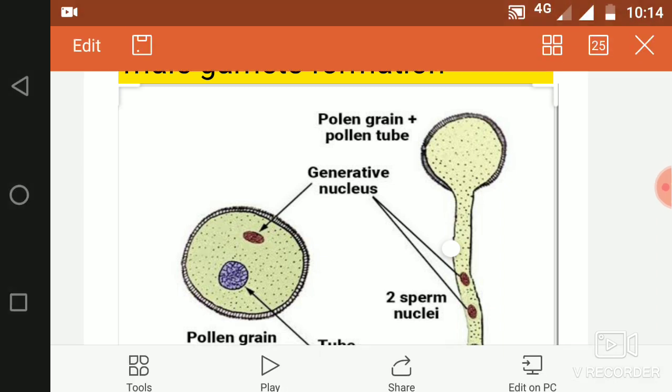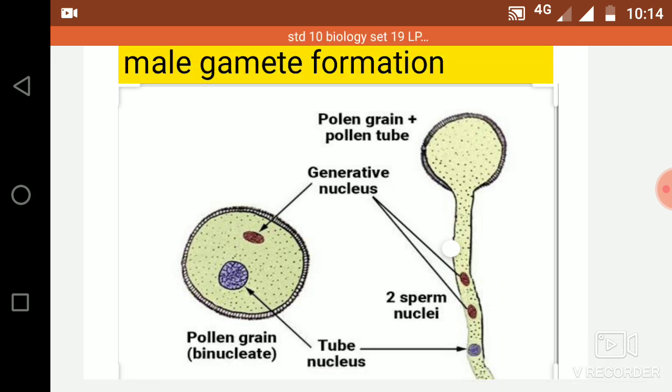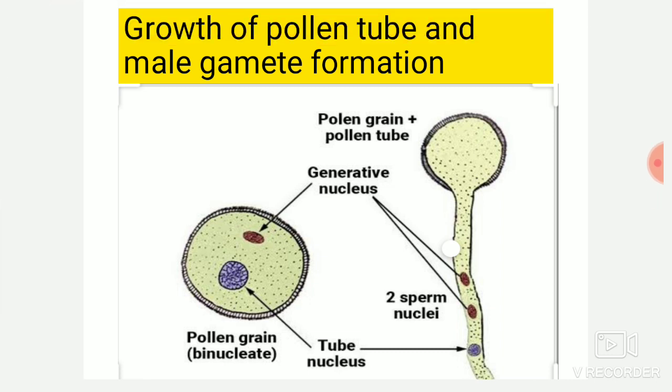So what happens is the pollen grain lands on the stigma, and when it gets the correct stigma, then the pollen tube forms. The pollen grain is binucleated, with two nuclei: one is the generative nucleus and one is the tube nucleus.